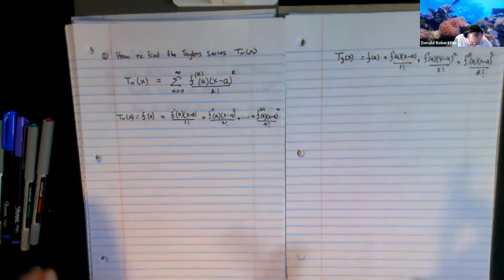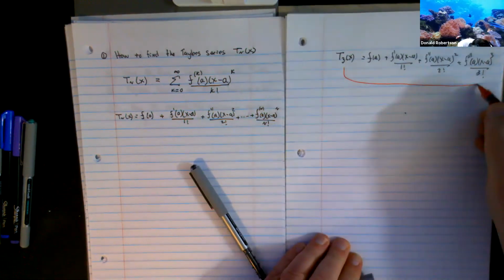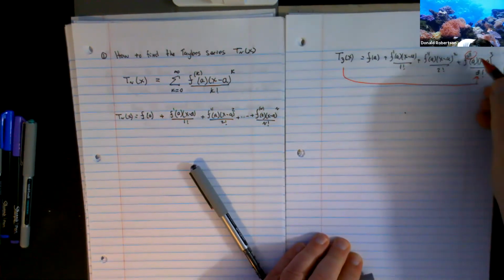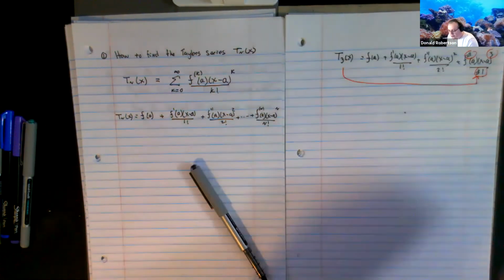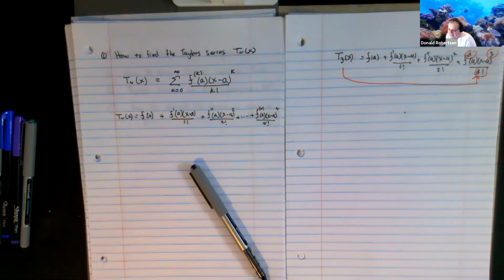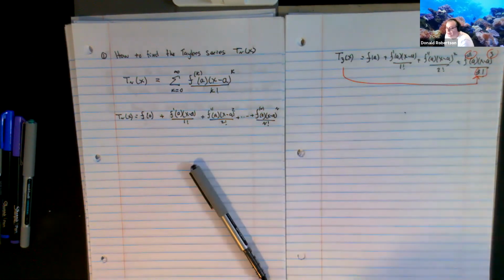Now notice that T3 means you go as far as the third derivative. And if you count these up, do you notice that there's 4 terms, even though it's called T3 of x? So it's not the entire Taylor series, the one that goes to infinity, the infinite polynomial. It's just, in this case, the first 4 terms, T3 of x.